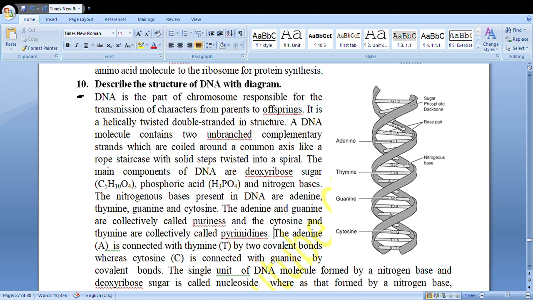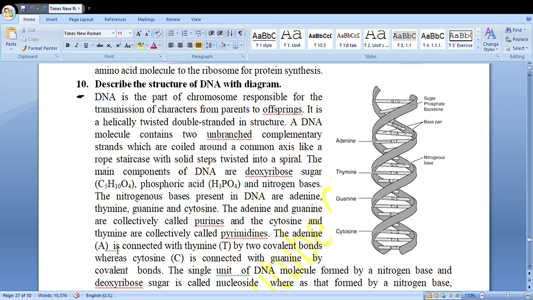Adenine and guanine are collectively called purines, and cytosine and thymine are collectively called pyrimidines.